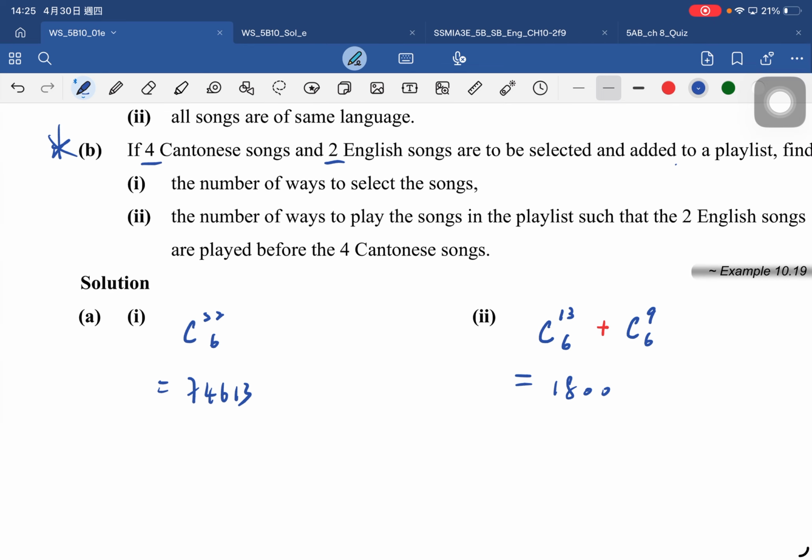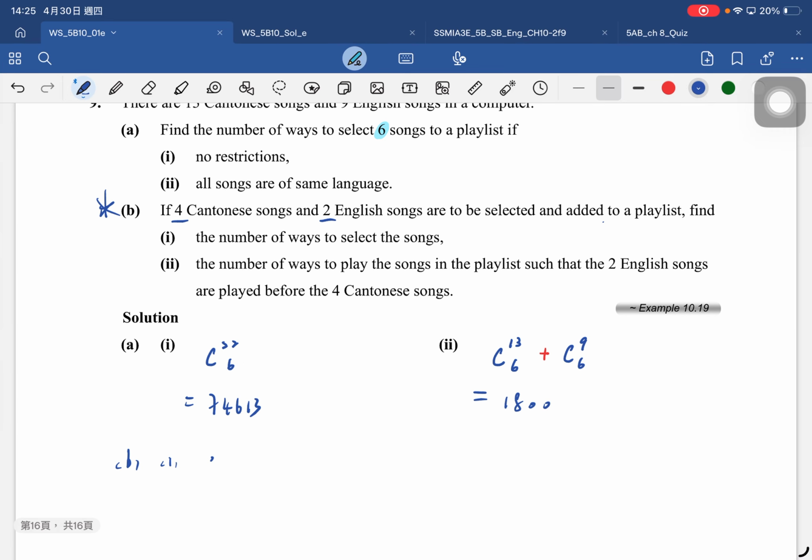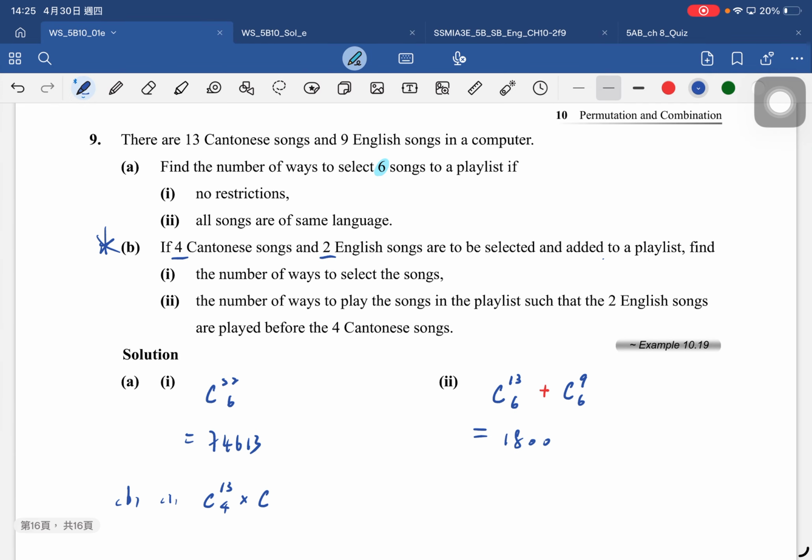Now I put the answer here because I would like to refer to the question. Out of 13 Cantonese songs, select 4, and out of 9 English songs, select 2, that's 9C2. You can find out there are 6 songs in the playlist, so you find the product of them. I think it's not difficult.